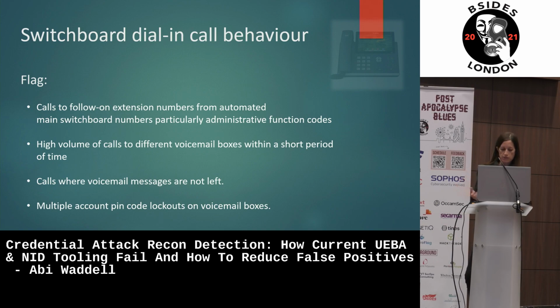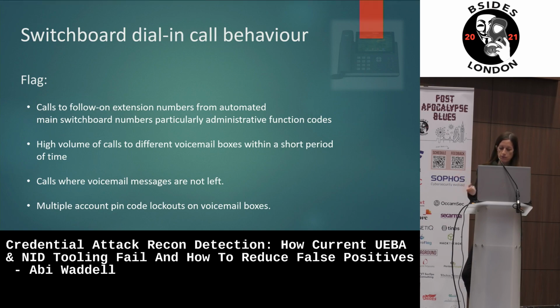So why is this important? Because the company phone system can often provide a useful source of recon, in addition to presenting a whole host of other attacks, but I'm focusing on the recon and credential attacks here. If an attacker deliberately makes lots of calls out of hours and reaches the voicemail boxes of staff, the resulting automated greetings will often provide the name of the staff member and their job role.